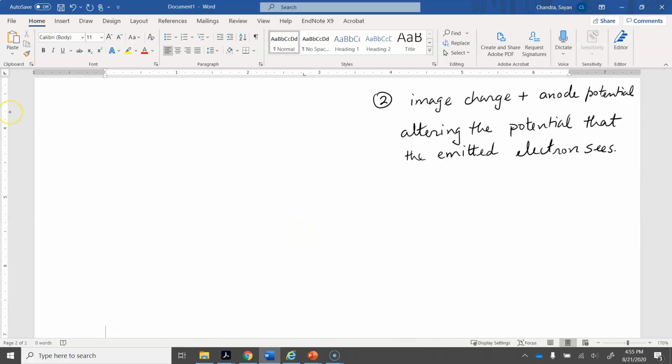Right, so let's say a voltage V was applied to the anode.